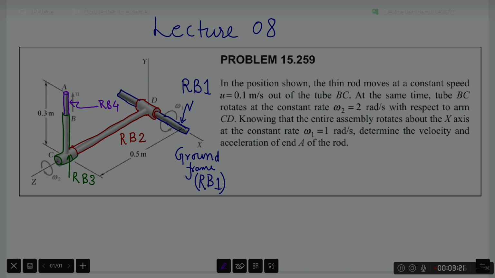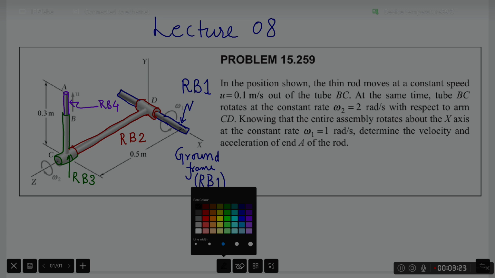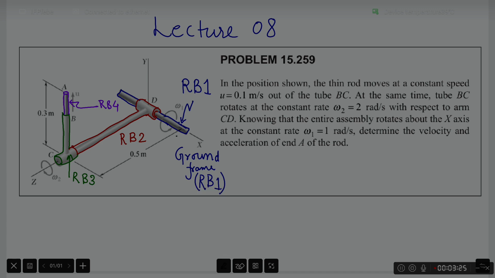It is given in the problem statement that this thin rod, which I called RB4, moves at a constant speed of 0.1 meter per second out of the tube BC.